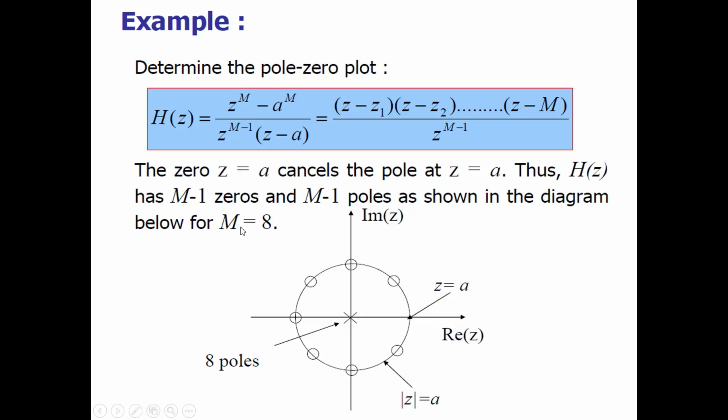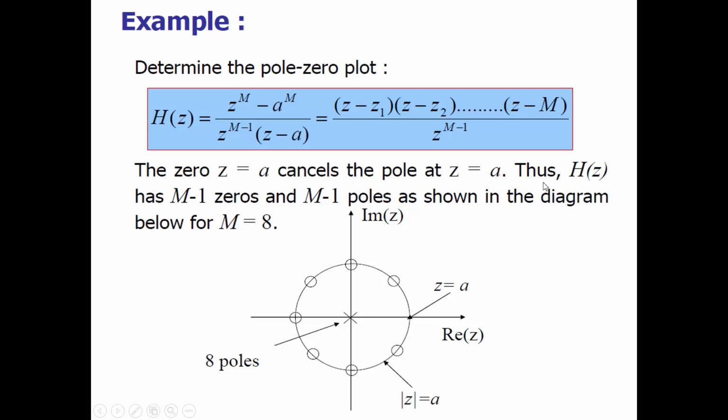So if we take an example with capital M equal to 8, this will be z to the power 8 minus a to the power 8 divided by z to the power 7 times z minus a. So the pole at z equal to a will be cancelled out by a zero in the numerator, right?